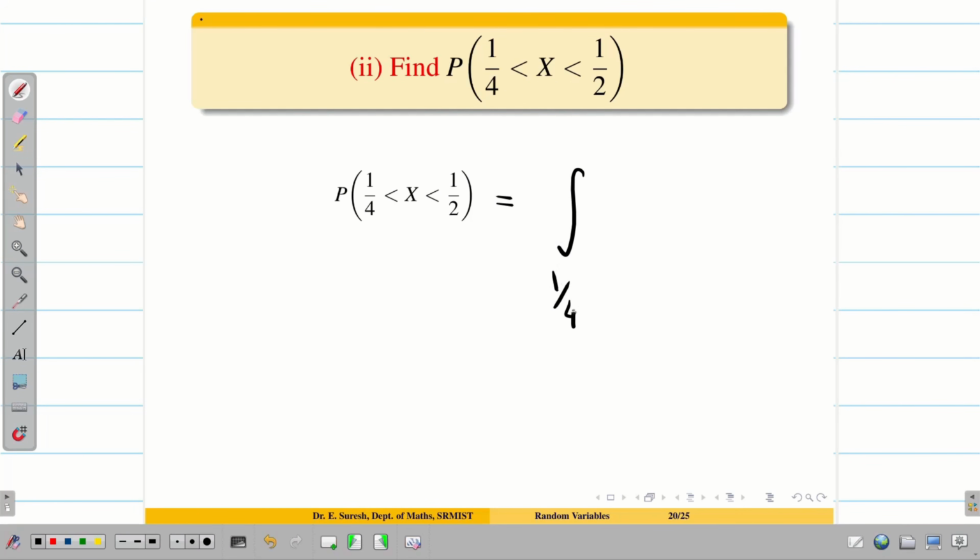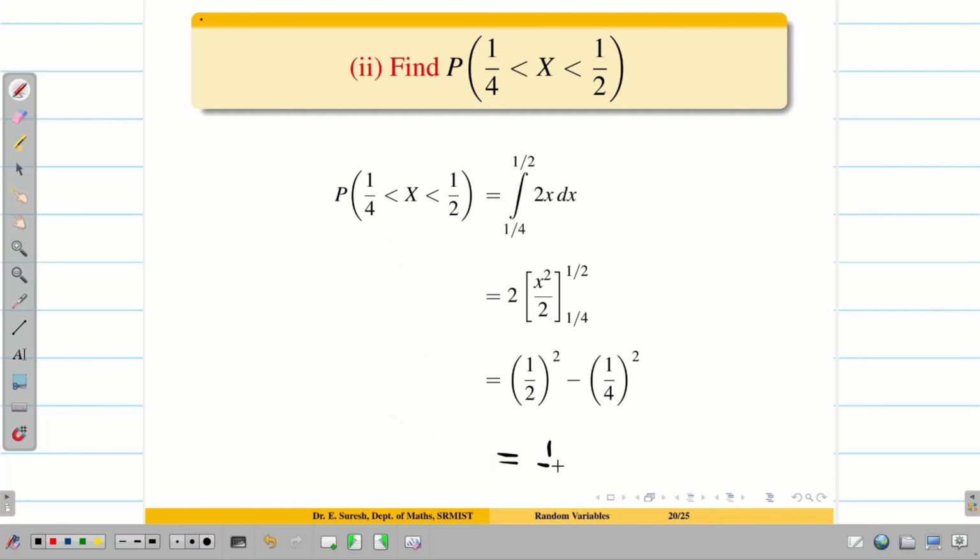So my lower limit is 1 by 4, upper limit is 1 by 2, and my f of x is 2x because x lies between 0 and 1. Integrating this and cancelling 2, substituting the upper and lower limits, we get 1 by 4 minus 1 by 16. Either use your calculator or do the simple calculation and find the solution. The answer is 3 by 16.